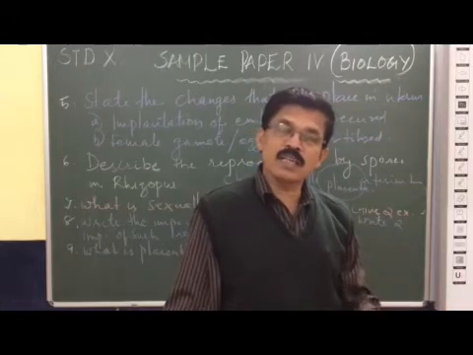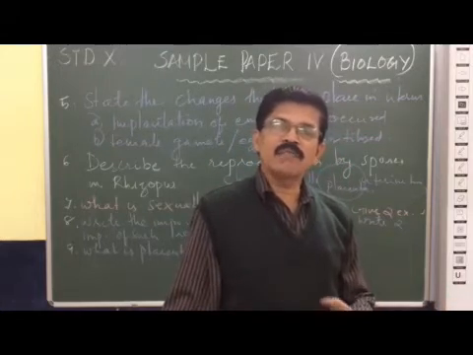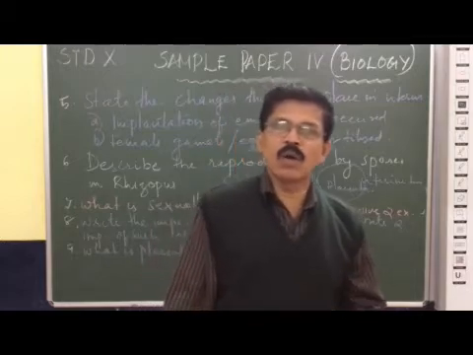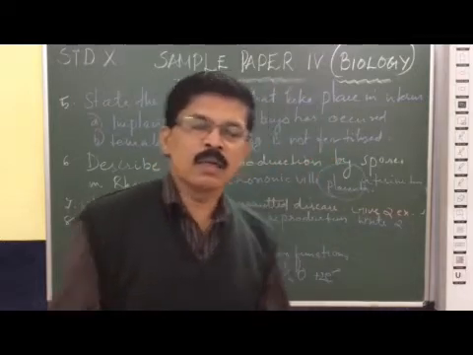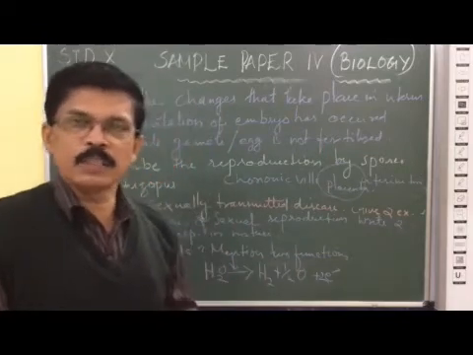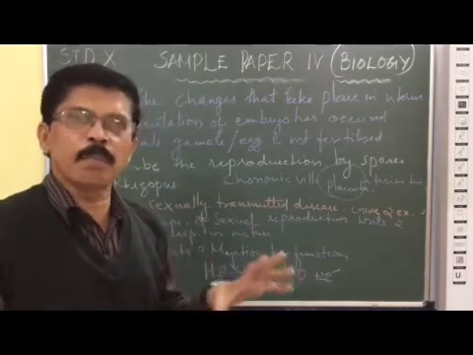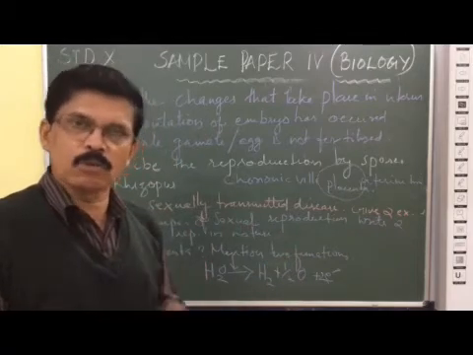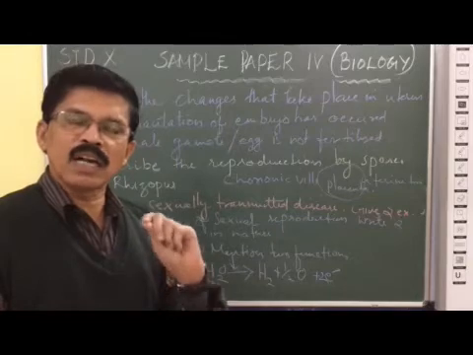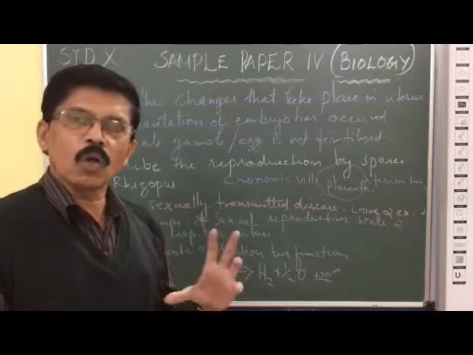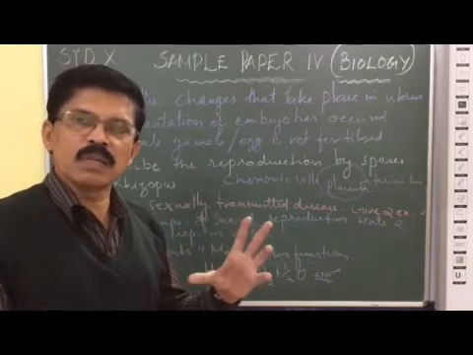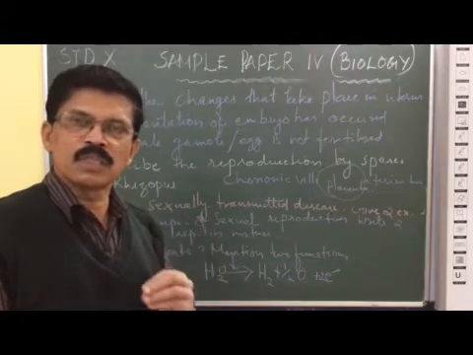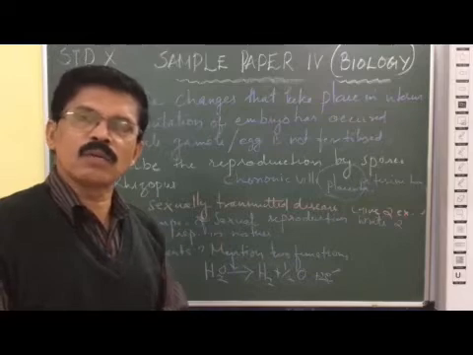But if fertilization has not taken place, the unfertilized egg, along with the thickened wall of the uterus, already thickened, expecting that the fertilized egg will come and implant on this. But in case fertilization has not taken place, along with the unfertilized egg, the thickened wall of the uterus will be peeled off. And along with some amount of blood, some tinge of blood, it will be passed through the vagina.